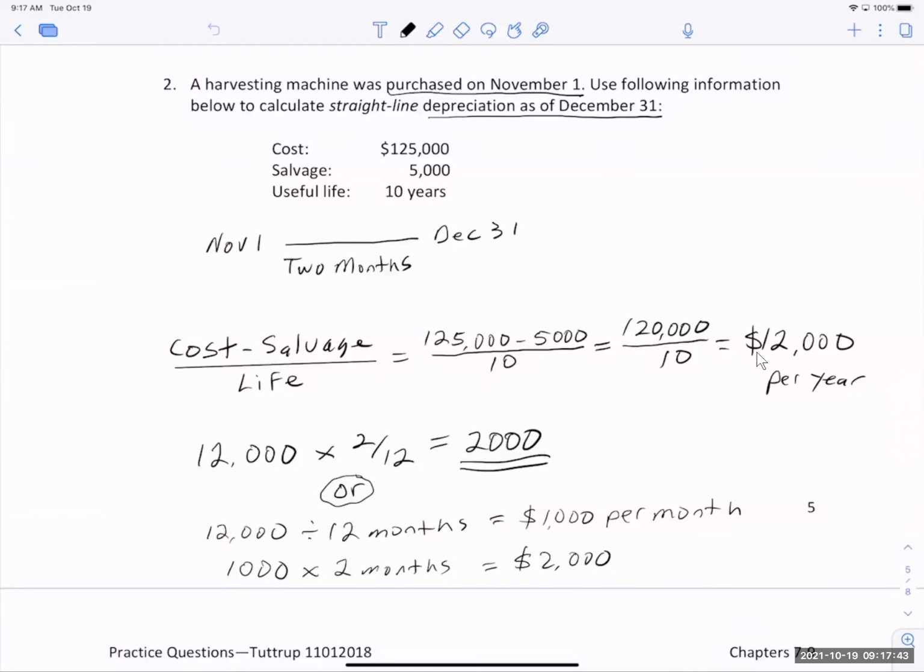Now we know that's $12,000 per year, which is good, but we only want 2 months, right? 2 out of the 12 months. So we just prorate it. So we have $12,000, which is for the year, times the partial year, 2 out of the 12 months. That would give us our $2,000. So 12,000 times 2 divided by 12 equals 2,000.